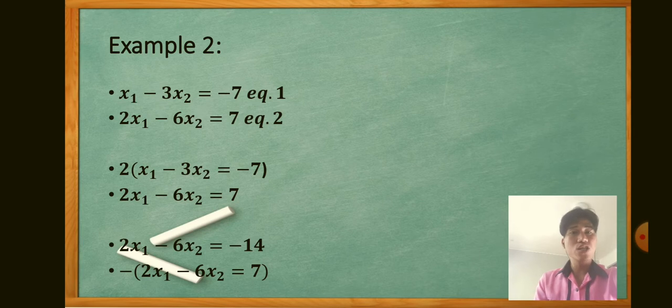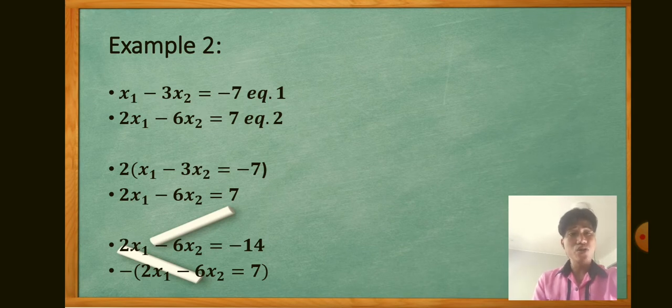The equation 1 is x1 minus 3x2 is equals to negative 7, and then equation 2 is 2x1 minus 6x2 is equals to 7. Our main goal here is to eliminate one variable in order to get one variable in the equation.